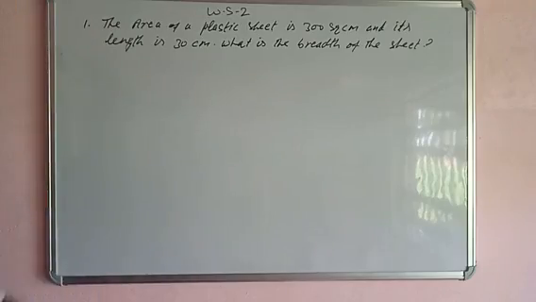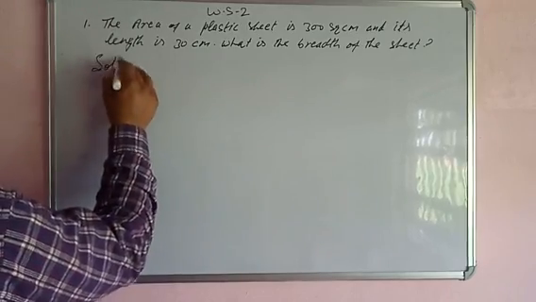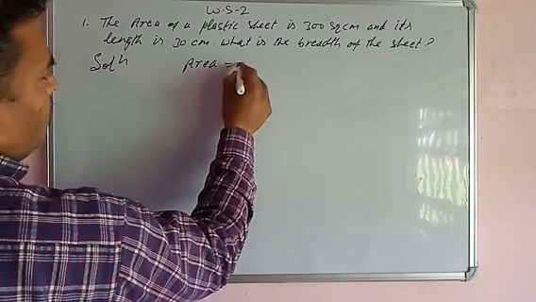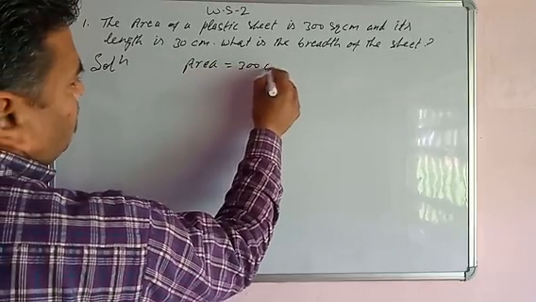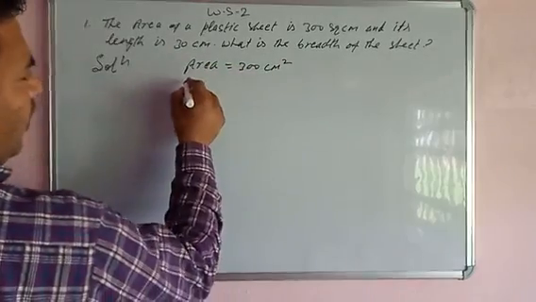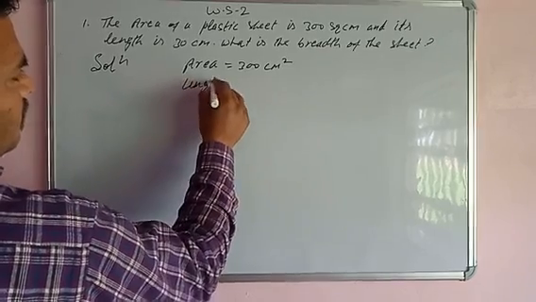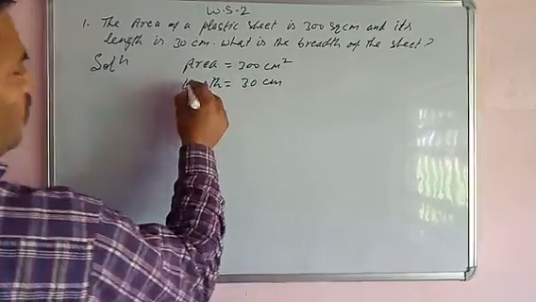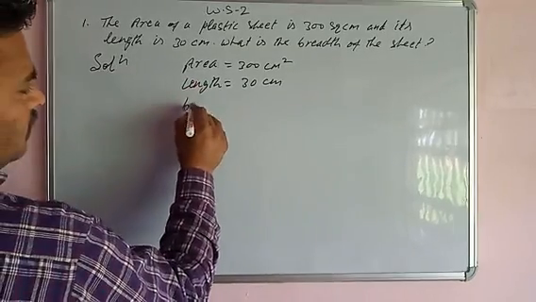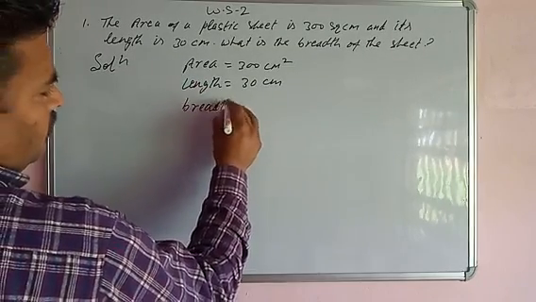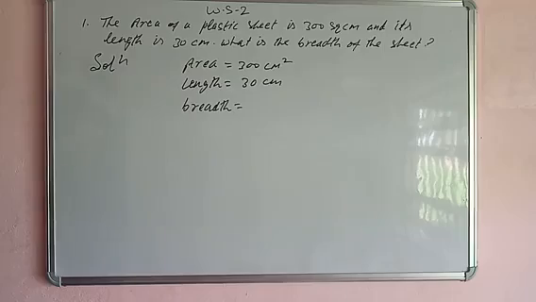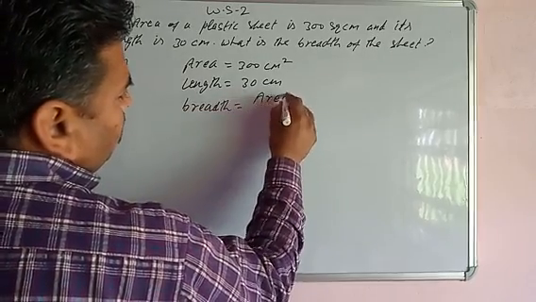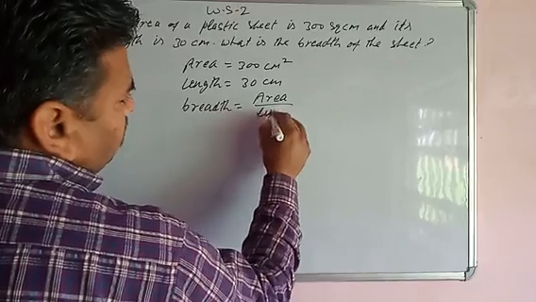So first of all we will write what is given in the question, that is area is equal to 300 square centimeter and length is given, that is 30 centimeters. So now we are going to find the breadth. So when area and length is given, we will use the formula area upon length.